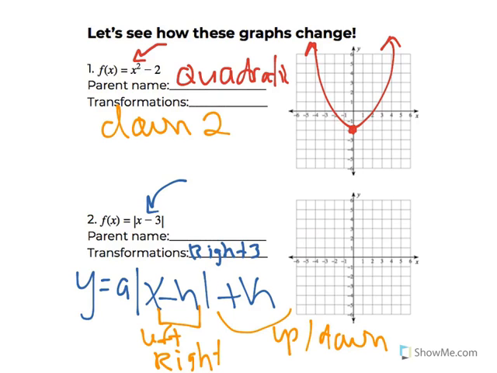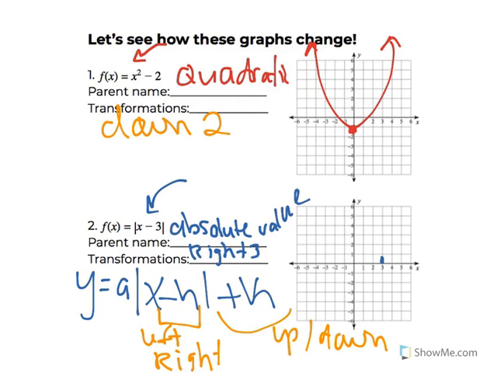And we have absolute value bars, so this is an absolute value function. So from the origin, I'm going to go to the right 3, and put a point there, and then I'm going to make my V shape. Noticing that my V comes to a harsh point, whereas my U shape is curved. That's important in telling the difference between the absolute value and the quadratic graphs.